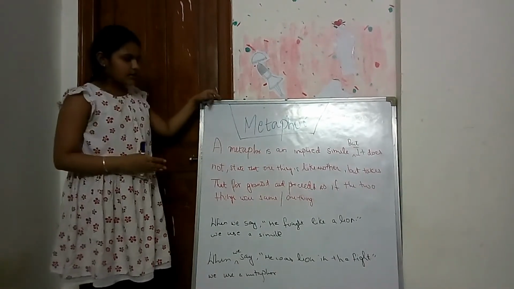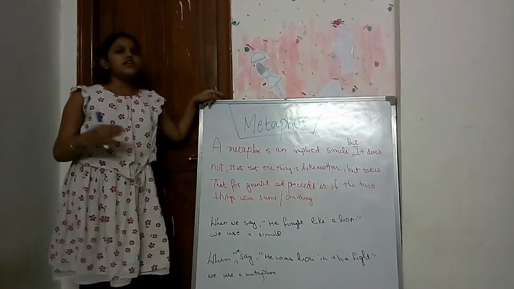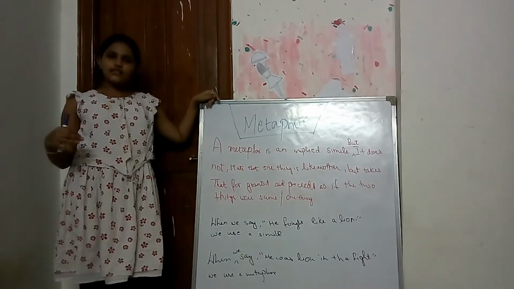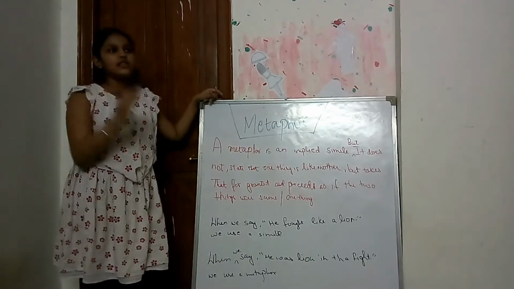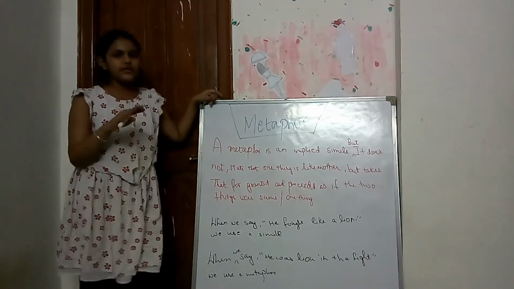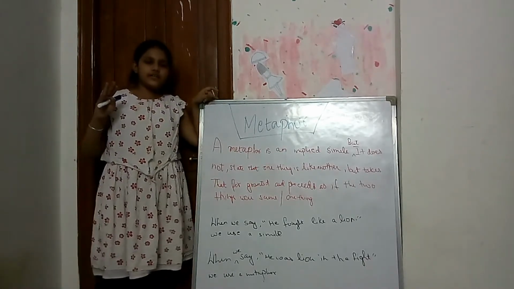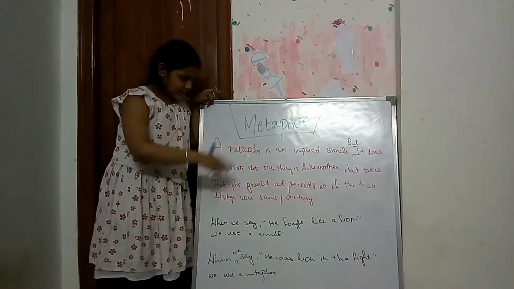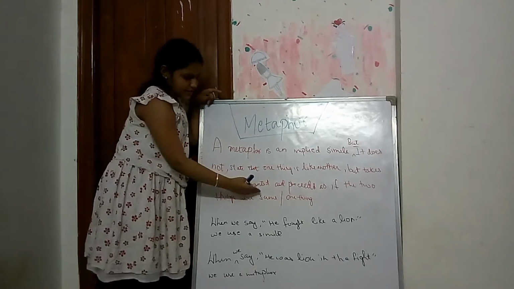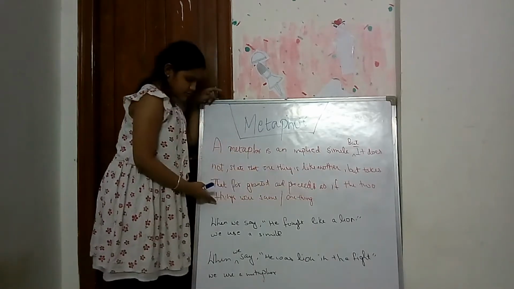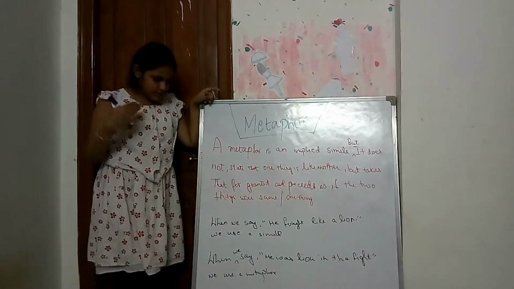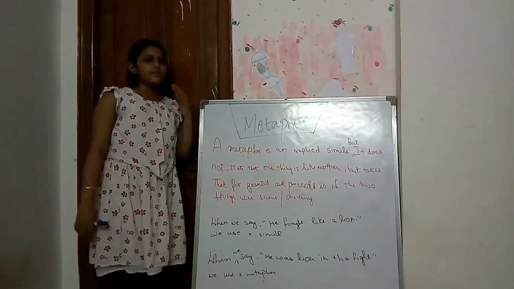But here, it is an implied simile, a kind of simile, but it does not tell us how the two things are different but have at least one point in common between them. It takes that for granted and proceeds as if the two things were the same, as if the two things were one.